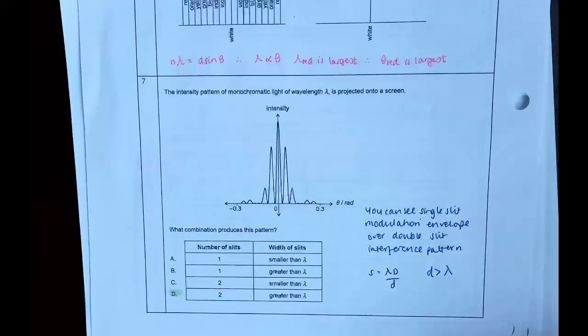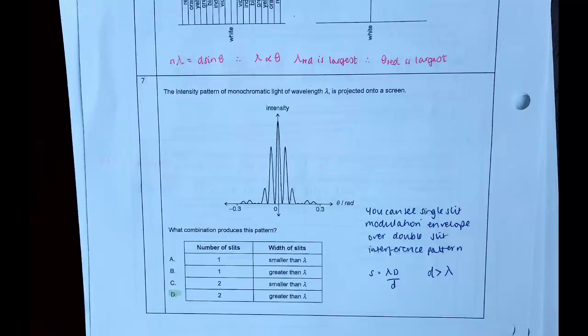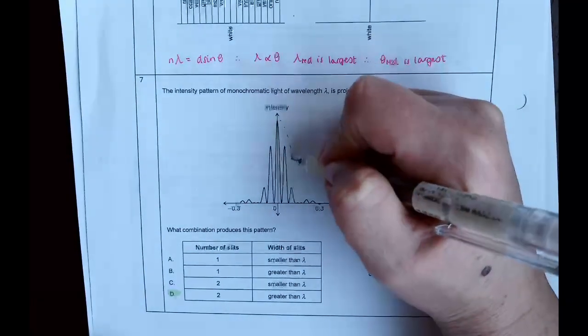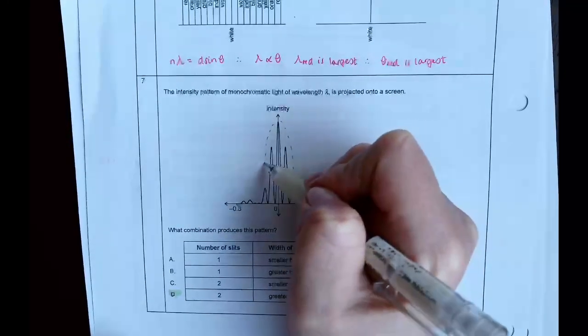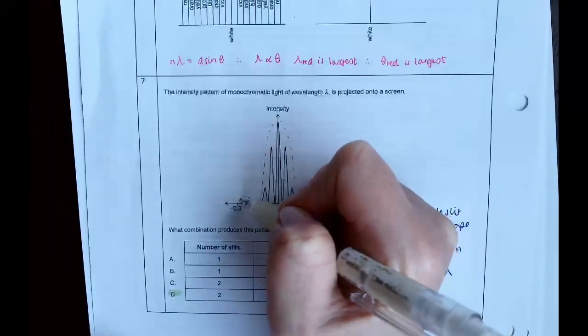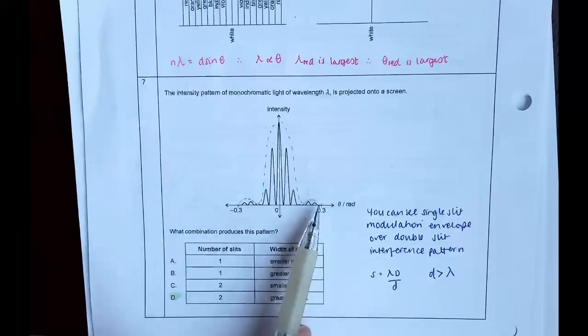Question 7, the intensity pattern of monochromatic light of wavelength lambda is projected onto a screen. What combination produces this pattern? Okay, so hopefully you can see we have a single slit envelope where we've got maxima and minima, but that's happening over the double slit interference pattern.